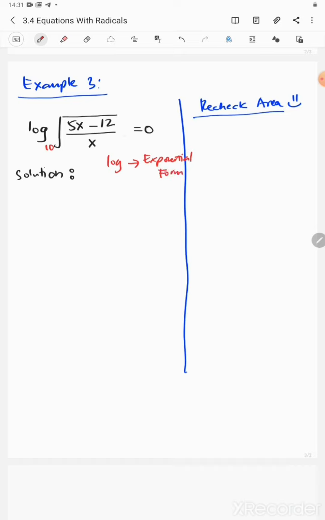Remember, change from log to exponential form. How to change? So now we have here square root of 5x minus 12 over x. Remember, when we do this, the base is the number that stands here. So this is 10 to the power of 0. This 0 becomes the exponent.